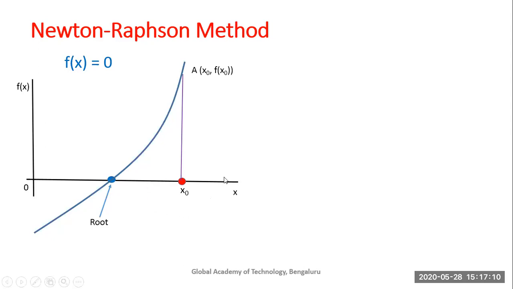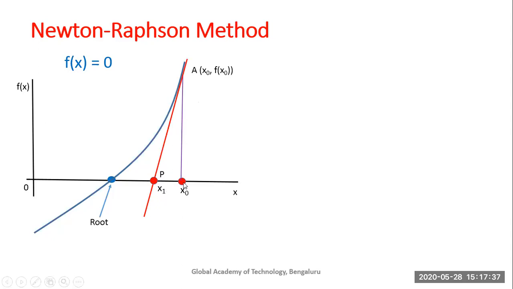So we draw the tangent at the point A. Suppose the tangent cuts the x-axis at the point B, whose x coordinate is, say, x1.